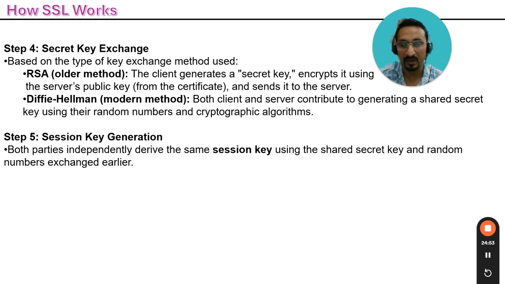Using this random number and the cryptographic algorithm, a secret key is generated, and again it is encrypted using the public key and sent over to the server. Again, if it is ECDHE, there is a different way this secret key will be generated.